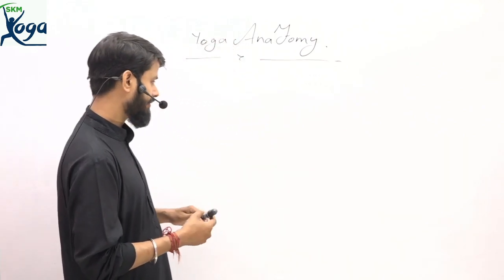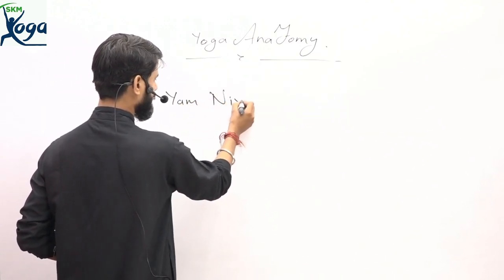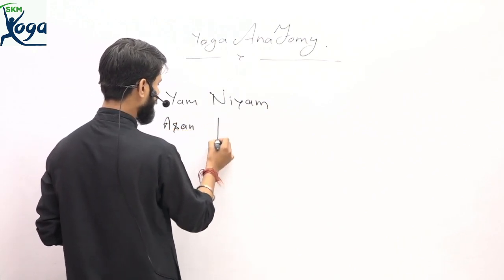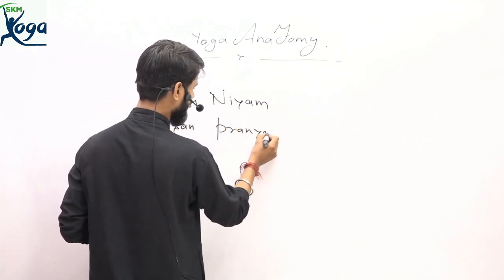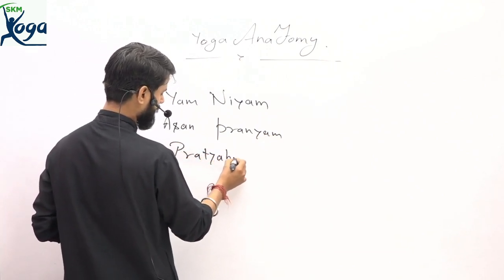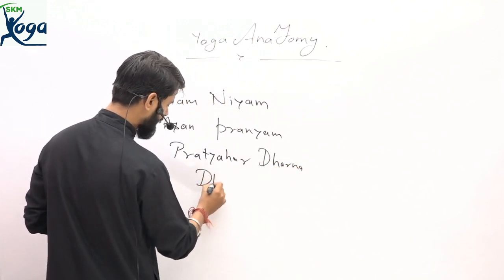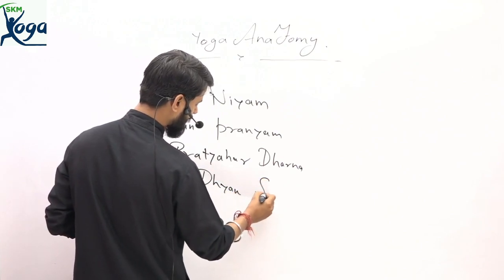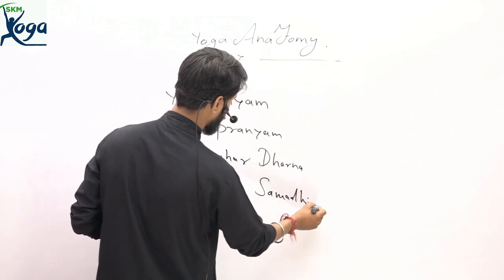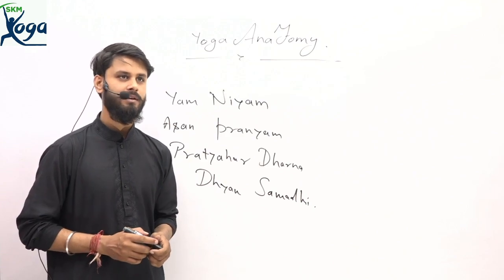Definitely Yam, then Niyam, then Asan, then Pranayam, then Pratyahar, then Dharana, then Dhyan, and the last one, Samadhi. So these are the 8 limbs of Ashtanga yoga.